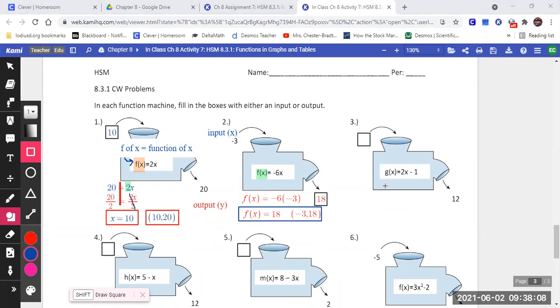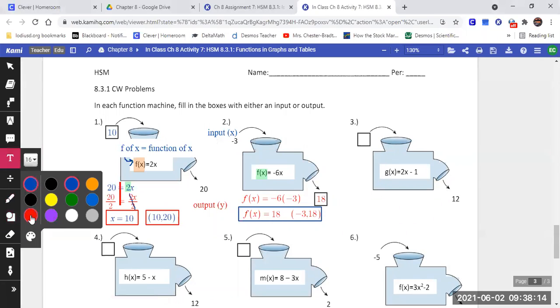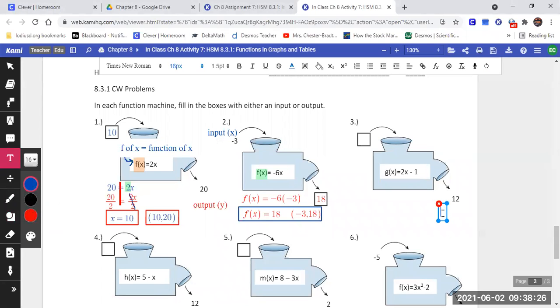Okay, so we have this value down at the bottom of 12. Is that 12 an input or an output? It is an output, which means it stands for what letter?